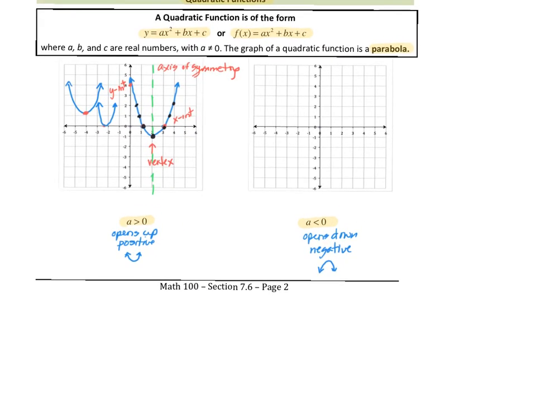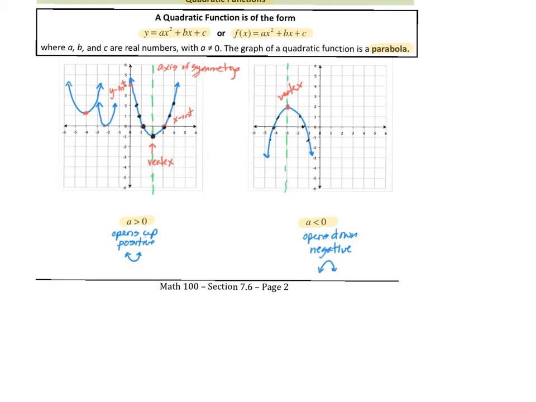And I'll just draw a random parabola where notice we still have a vertex, but in the case where it opens down, the vertex is actually the highest point. And there's still the same axis of symmetry, which passes through your parabola, and all points on either side of the axis of symmetry, they come in pairs.